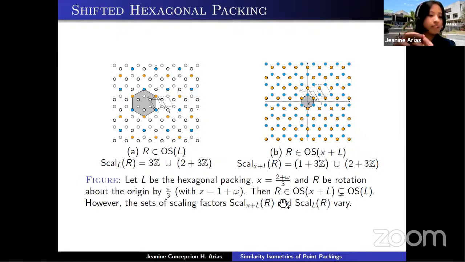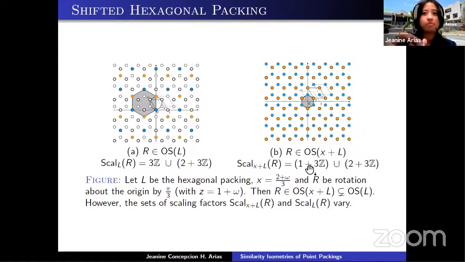However, based on the previous tables for this example and for this example, the sets of scaling factors obtained will be different, and also the denominators will be different. For example, here, the denominator with respect to L is 2 for the 60-degree rotation.